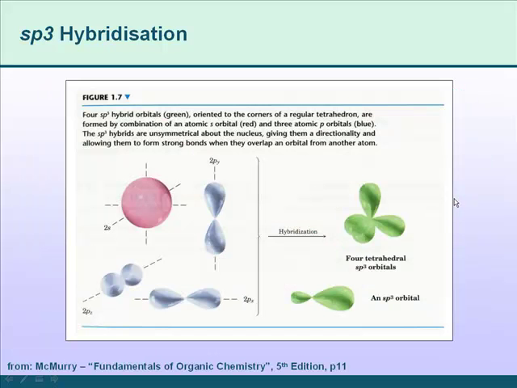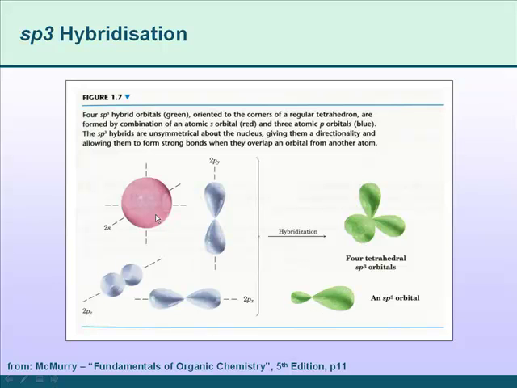So let's give a diagrammatic representation of this hybridization. So shown here are the 4 hybrid orbitals arranged in a tetrahedral shape around the central carbon atom. Each of these hybrid orbitals looks like this, an asymmetric dumbbell shape.